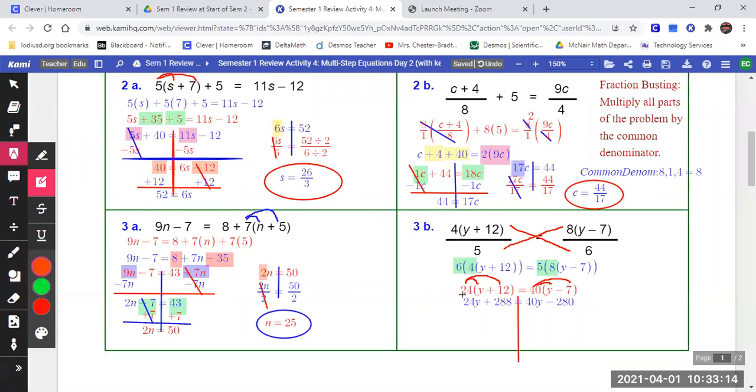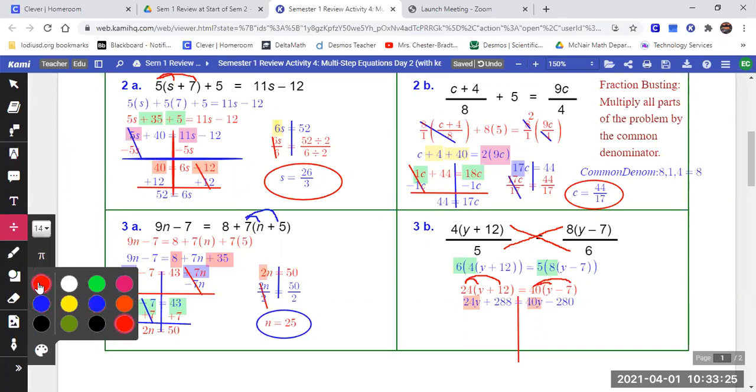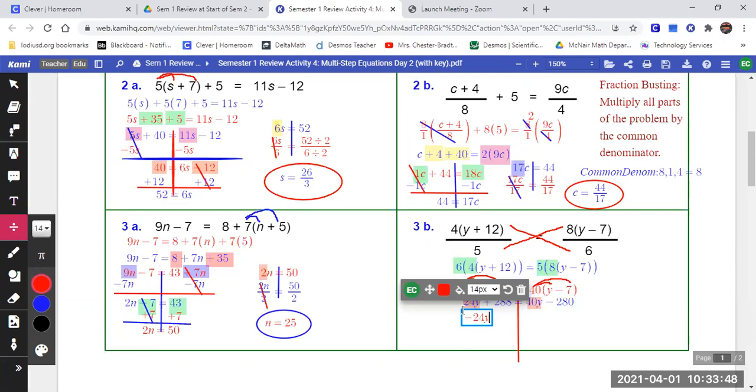So we're looking at our 24y and our 40y. Who are we going to zero out and how are we going to do that? Who is smaller? And how are we going to move it so it becomes a 0? Exactly. We're going to subtract 24y because it's smallest from both sides, from both sets of y.